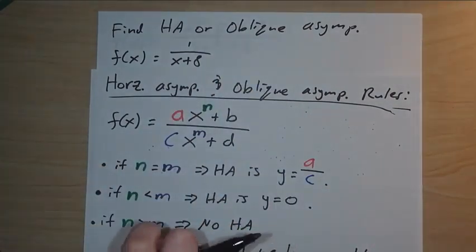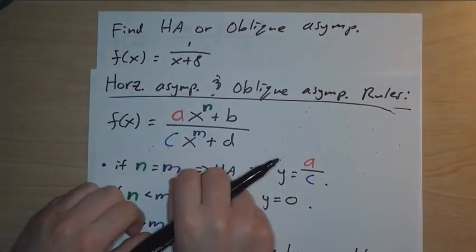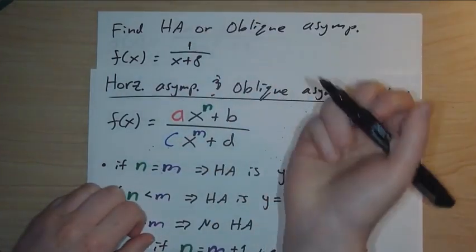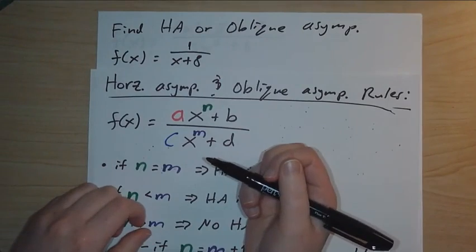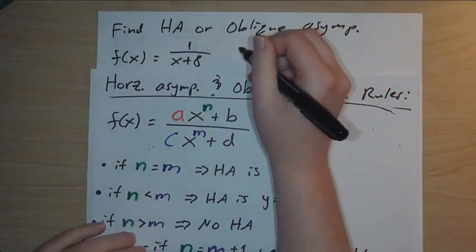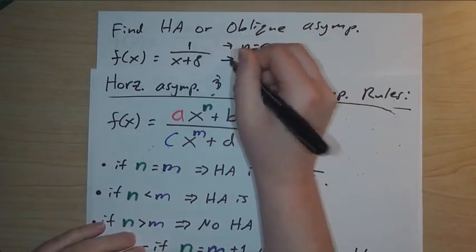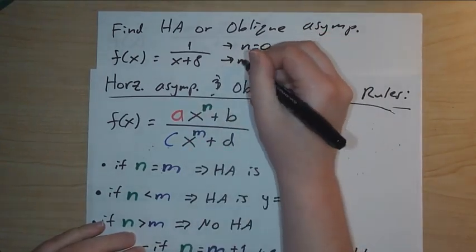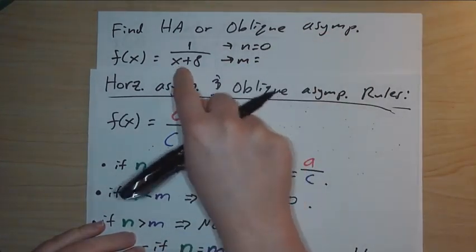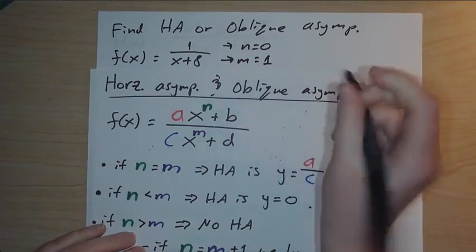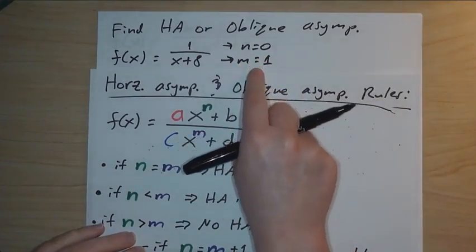On top we just have the number 1. That means we have x to the 0, and anything to the 0 is just 1. So our degree on the top, n, equals 0. And on the bottom, our degree, m, is 1. So we see our n is 0 and our m is 1.